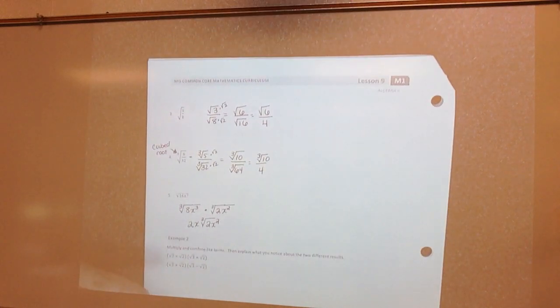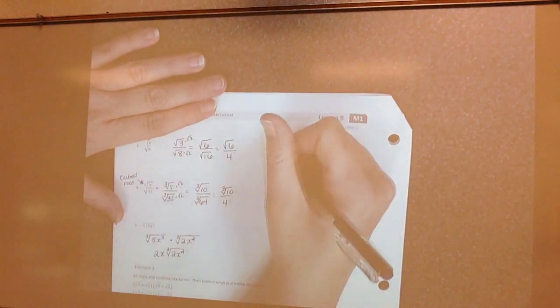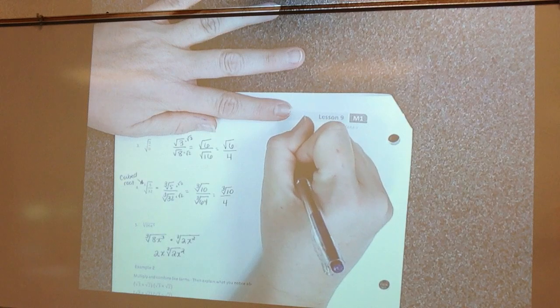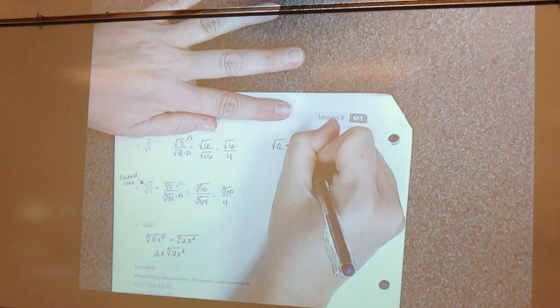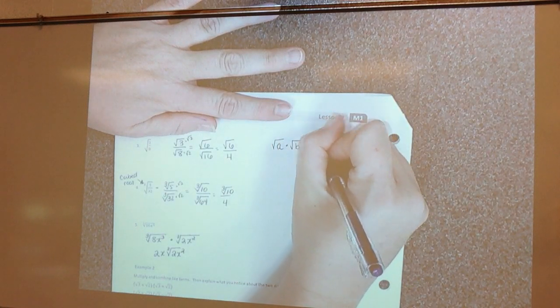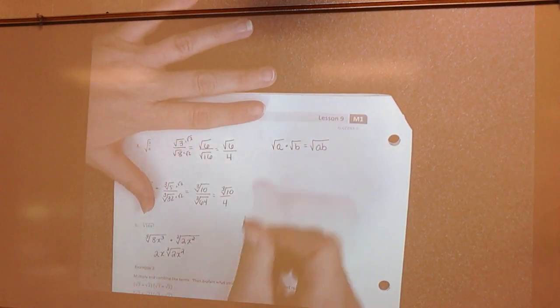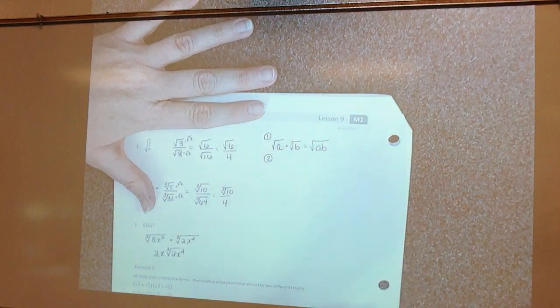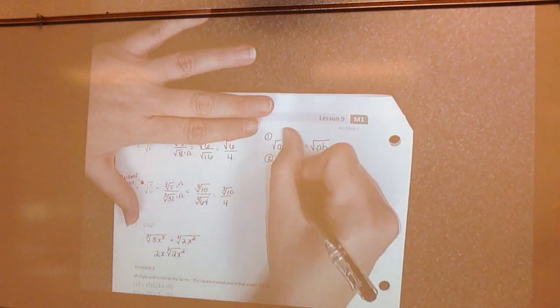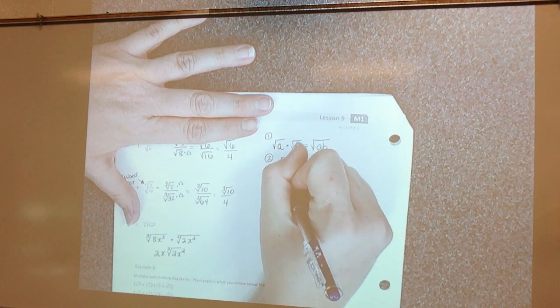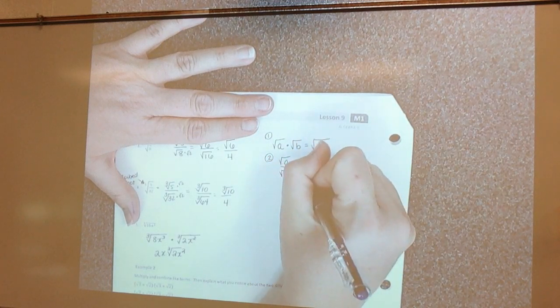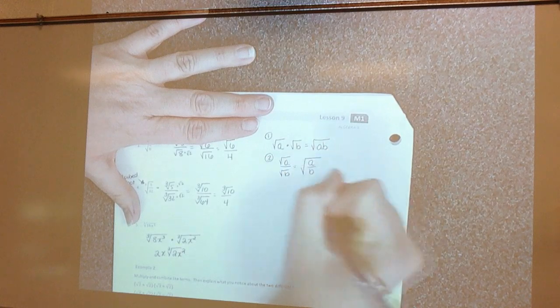In the examples and the exercises that we just did, we used 4 properties of radicals. Let me write those properties. First, the square root of a times the square root of b gives me the square root of ab. Second, the square root of a divided by the square root of b is equal to the square root of a over b.